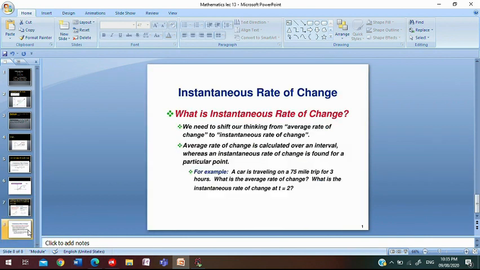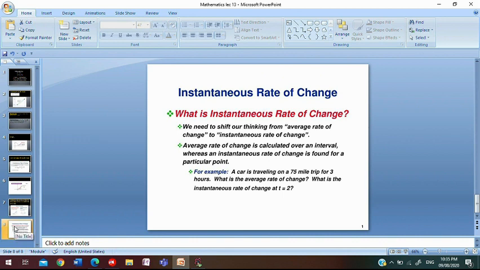So this is the last thing, instantaneous rate of change. What is instantaneous rate of change? We need to shift our thinking from average rate of change to instantaneous rate of change. Average rate of change is calculated over an interval, whereas instantaneous rate of change is found at a particular point.